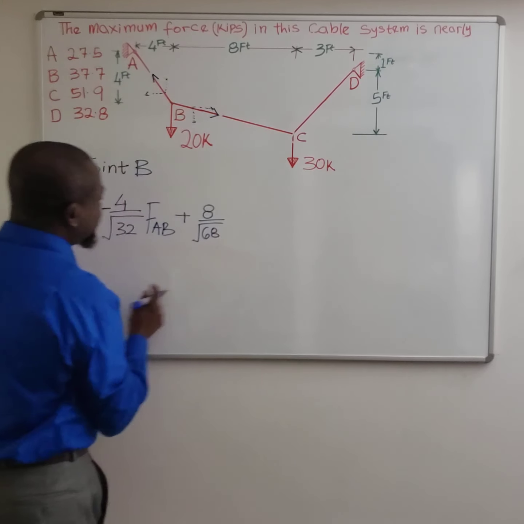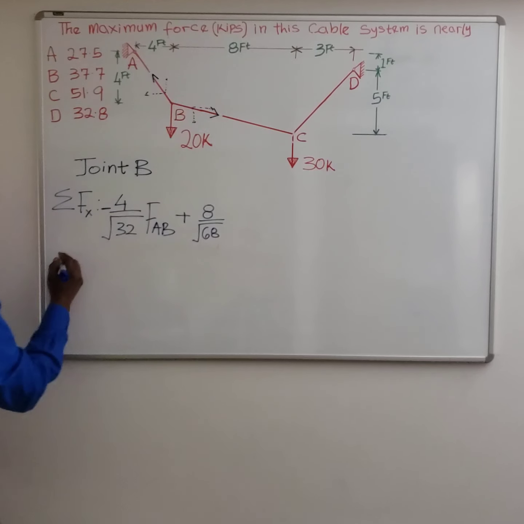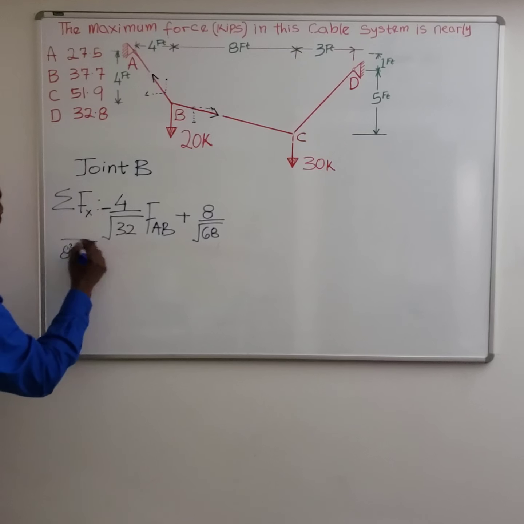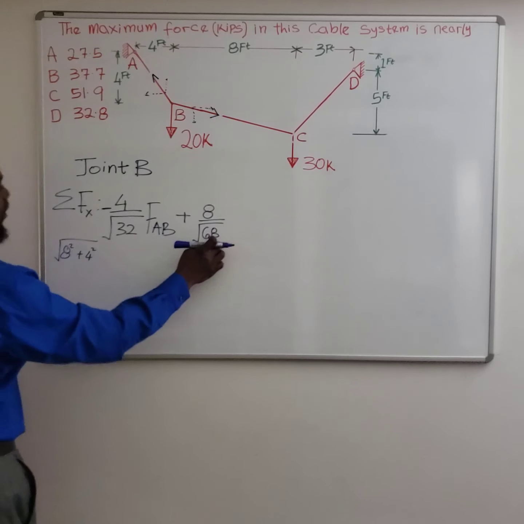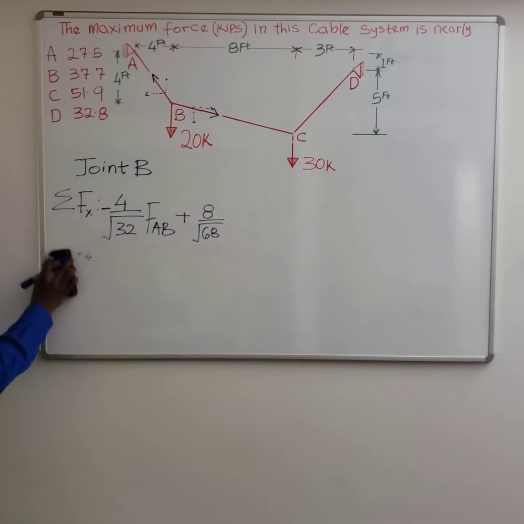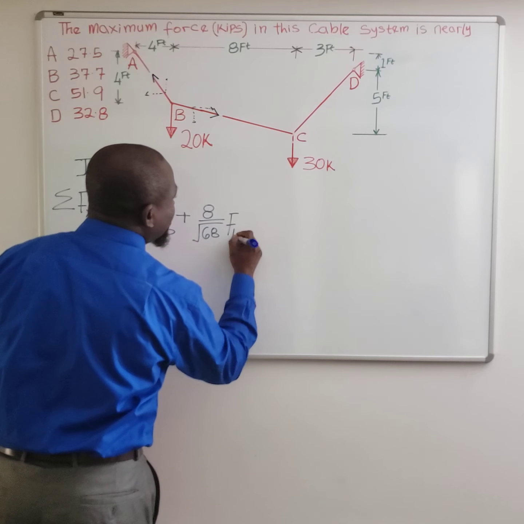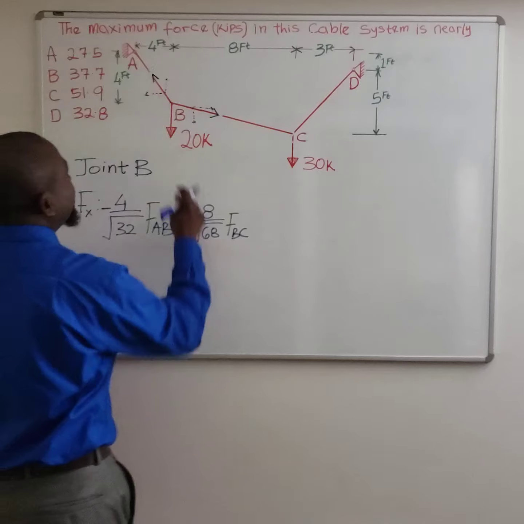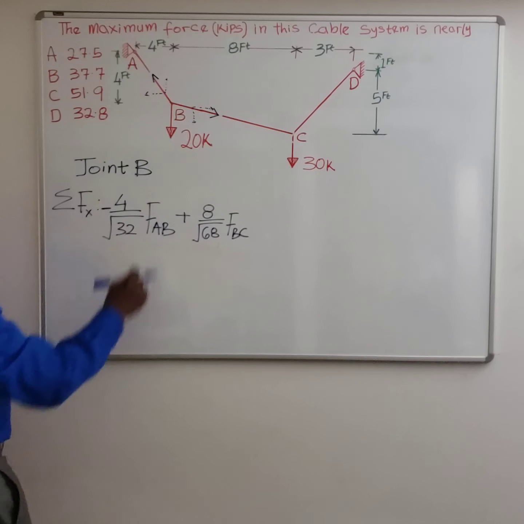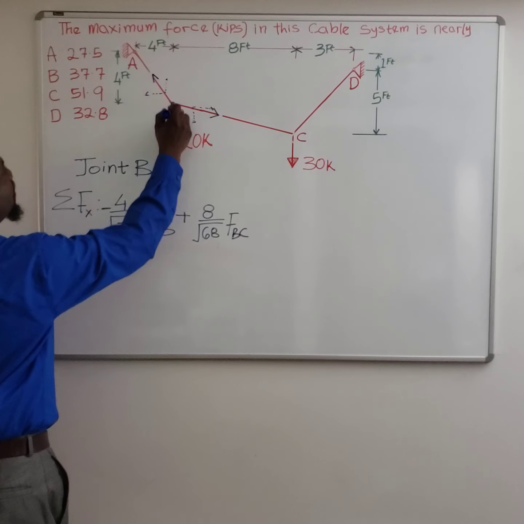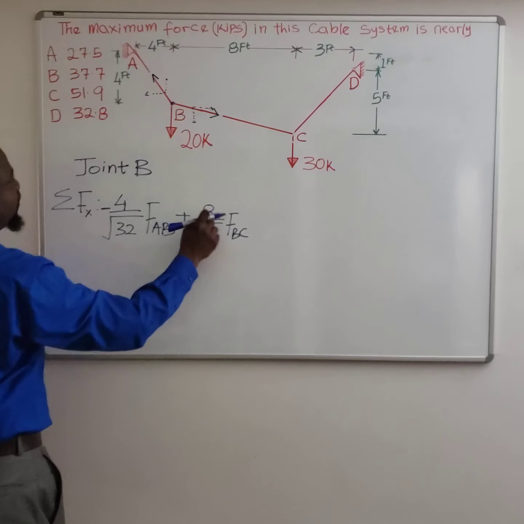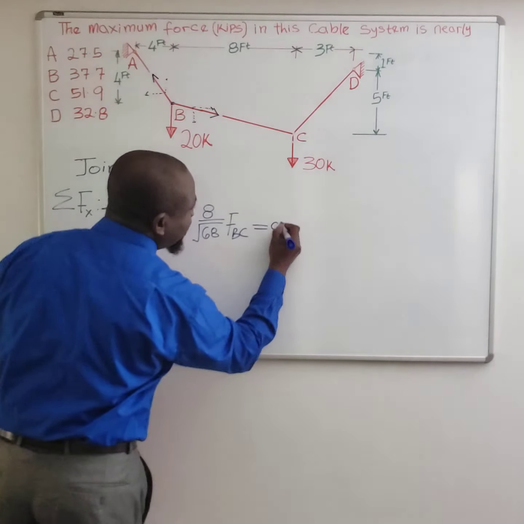How do we get 68? The same way, you have 8 squared plus 4 squared. All right, and that is FBC. There's no other horizontal force at this joint. We have this and we have this, so that equals 0.